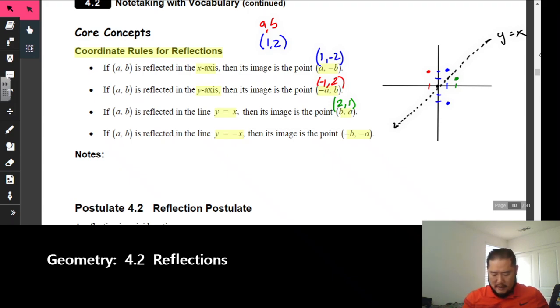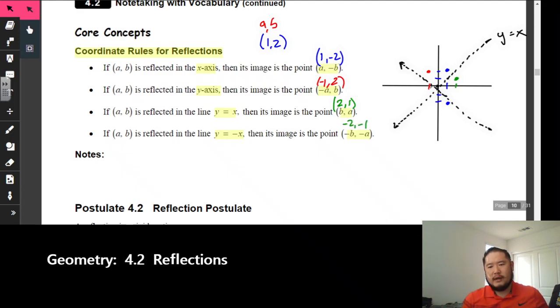The last one right here is when y is equal to negative x, and that's going to be a line that goes down one, to the right one. It'll do something like this right here. And then they're saying it's going to be negative b, negative a. So not only do we take 2 comma 1, but then I'm going to take the opposite of it and put negative 2, negative 1.